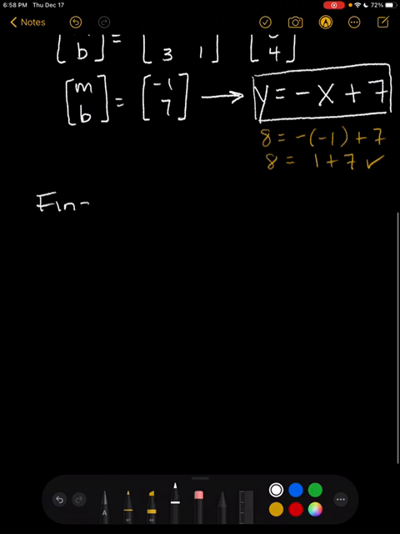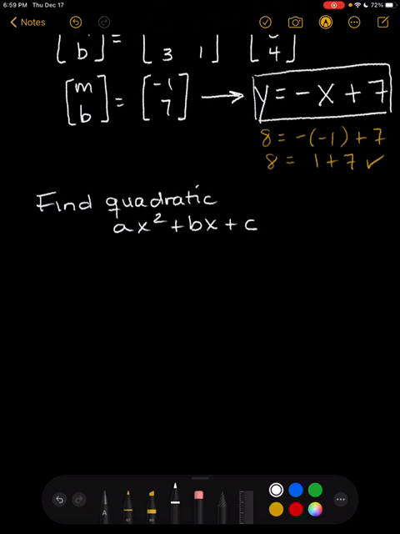If we're finding the quadratic equation, we are going to use the equation ax squared plus bx plus c equals y.